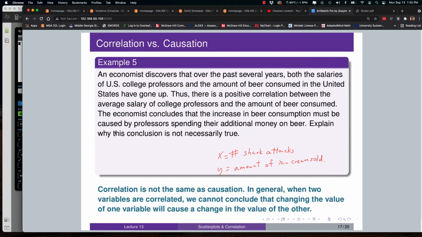But just because those are correlated, and they would be highly correlated, doesn't mean that the number of shark attacks causes people to spend more money on ice cream. That's just not how that works, and so that's another good example of how correlation does not often imply causation. So just keep that in mind.